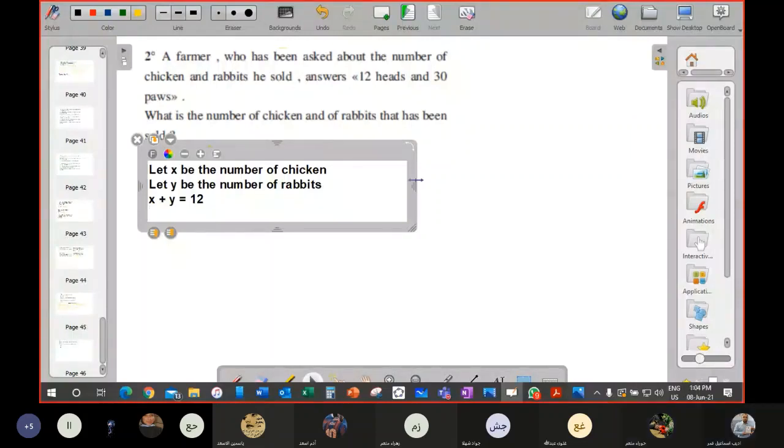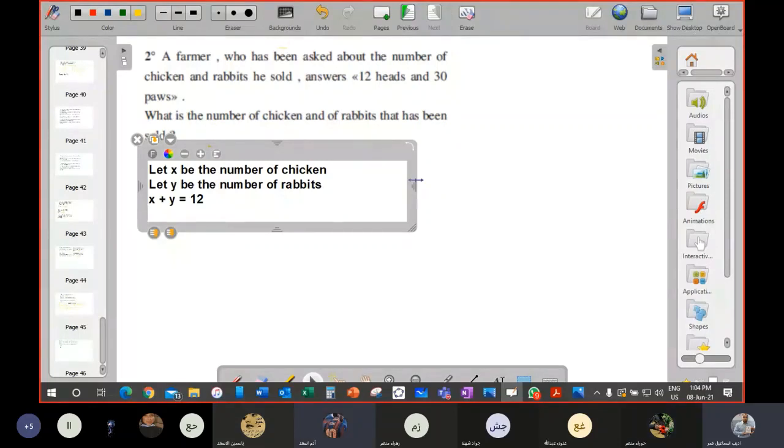Here, the second equation depends on the number of paws. X is the number of chickens, and how many paws does each chicken have? 2.